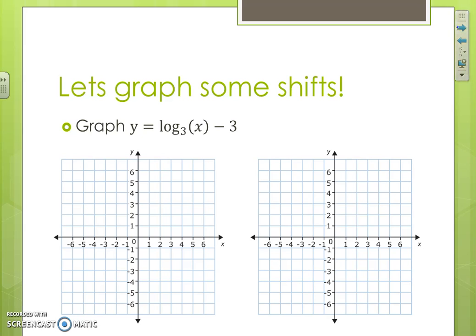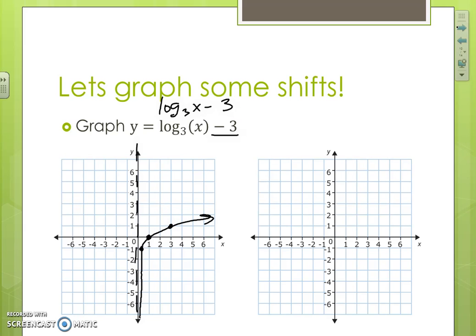We've got log base 3 of x, minus 3. Okay, this could be written just as log base 3 of x minus 3. Notice the minus 3 is not in the parentheses, so that's going to be an example of a vertical shift. So the parent function is still the same. Draw your vertical asymptote. I've got 1, 0; 3, 1; 1/3, negative 1.